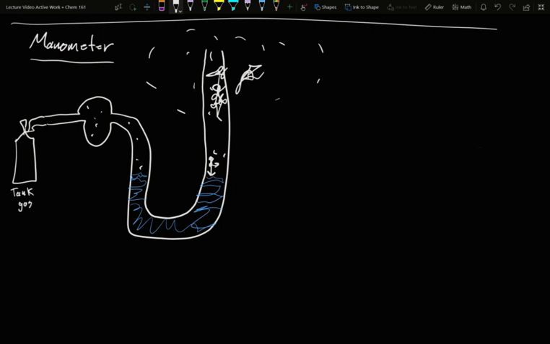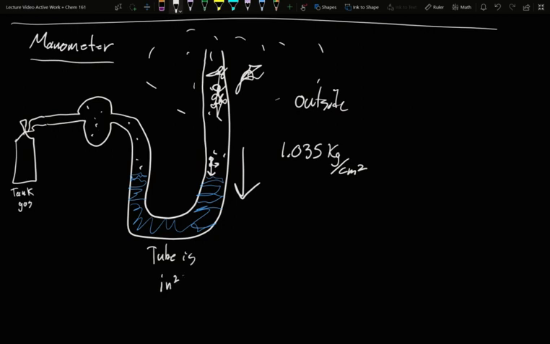The net result is this outside air is pressing down with some force on the water. Now I'm going to use for this video our standard 1.035 kilograms per centimeter squared. We're going to pretend that this tube is 1 centimeter squared in area.